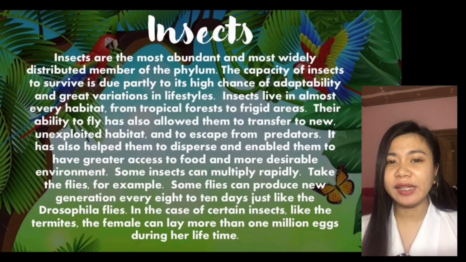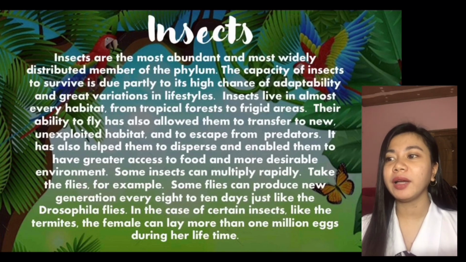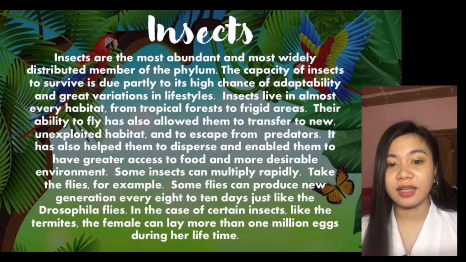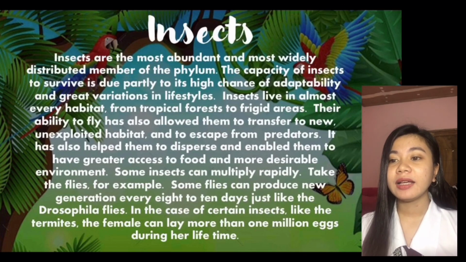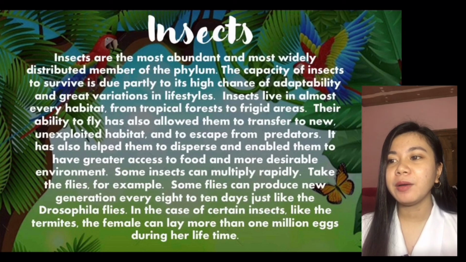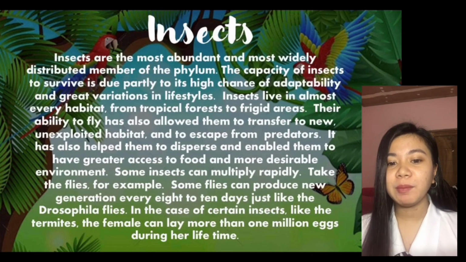And sila po, kaya nilang mag-adjust kahit saan sila pumunta. And most of the insects is kayang lumipad or ability to fly para makahanap ng pagkain, para makalayo sa kaaway, and para makahanap ng place na mas maganda or environment na mas mabubuhay sila.